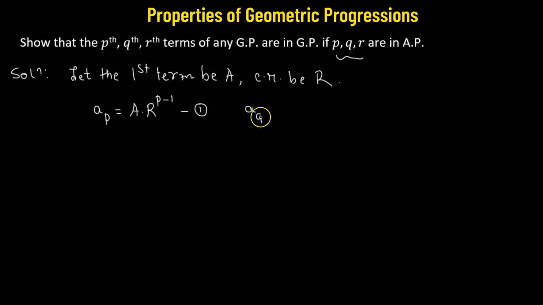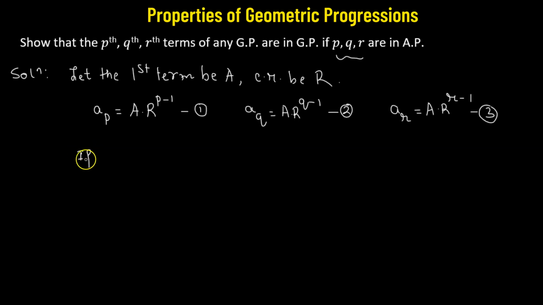Then the Qth term will be given by A times R raised to the power of Q minus 1. So this is equation number 2. Then we have the Rth term, which will be given by A times R raised to the power of R minus 1. So this is equation number 3. Now we need to show that the Pth, Qth and Rth terms are in GP.